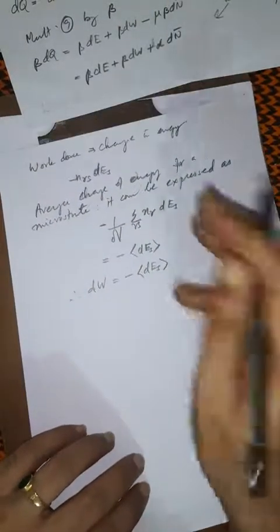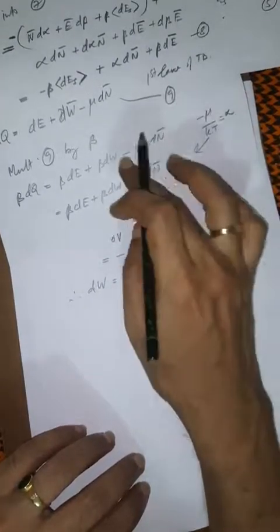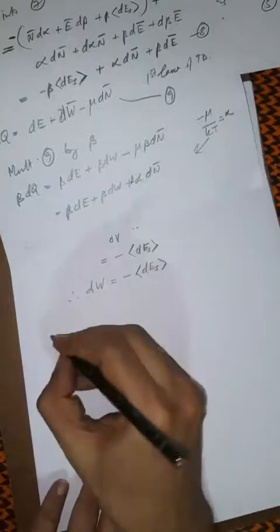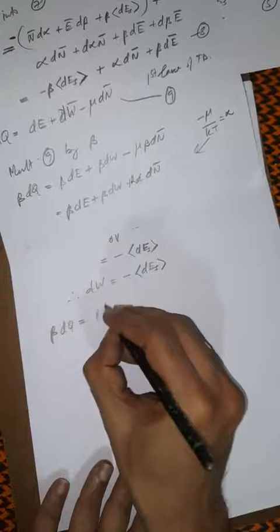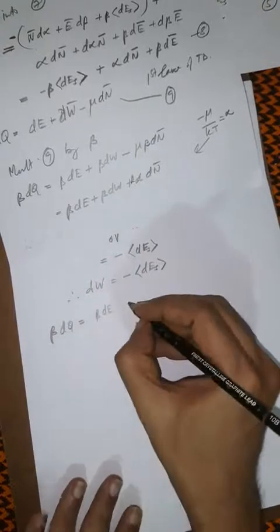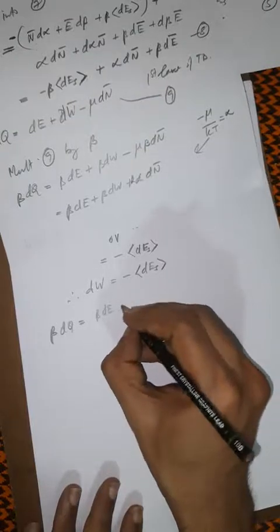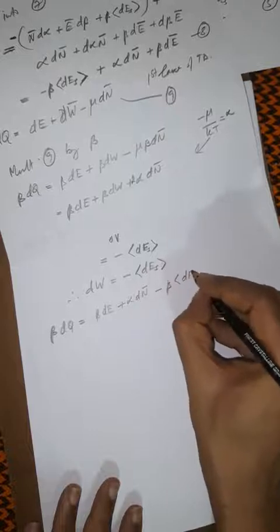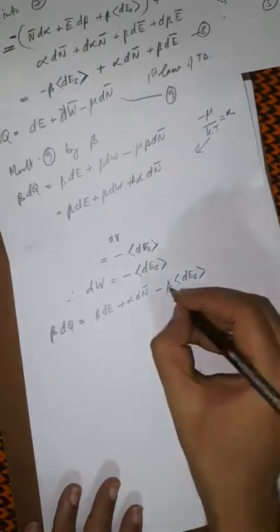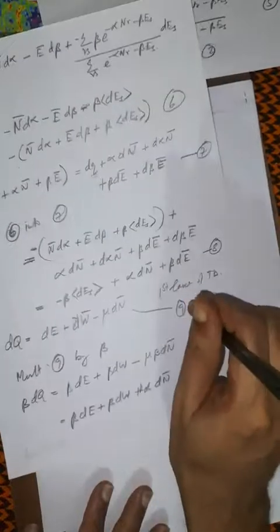So we will substitute this expression over to here, right? Therefore beta dq is equal to beta dE plus alpha dn bar minus beta dEs, right? So we substituted this dW into equation 9.